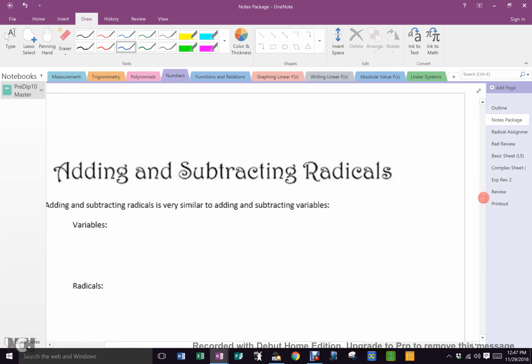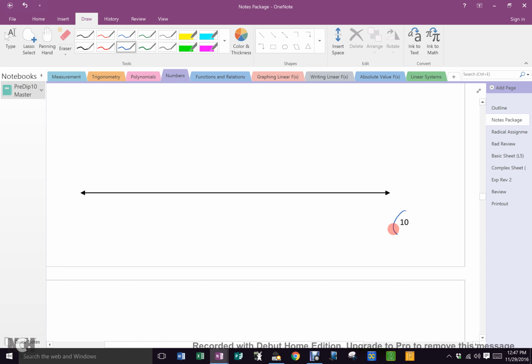And I want you to attempt page 12 of your notes. There's a real easy way to do that, and there's a real pain in the butt way to do that. I want to see if you guys can come up with the real easy way by yourselves.